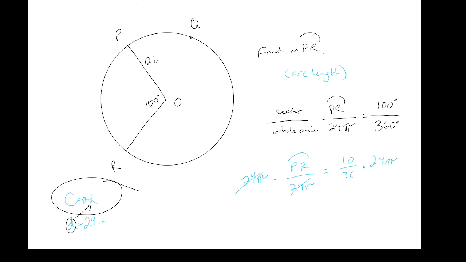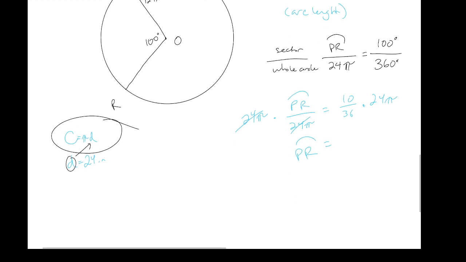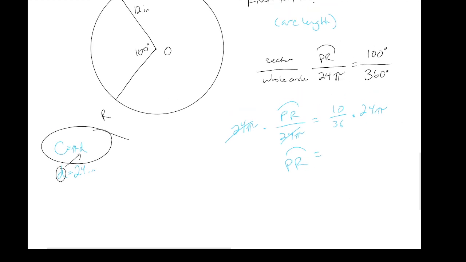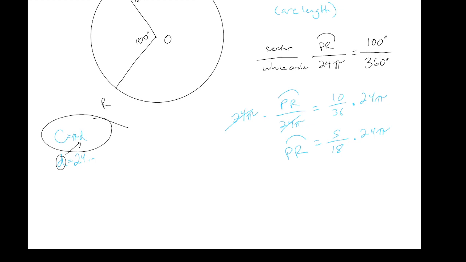But we also can just do that in the end. So 24 pi is going to factor out. And I have the arc length PR is equal to 240 pi over 36, which again, I can reduce. Let's divide this by another 2. So I have 5 over 18 times 24 pi.